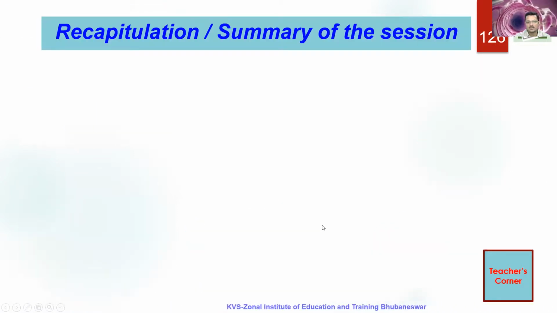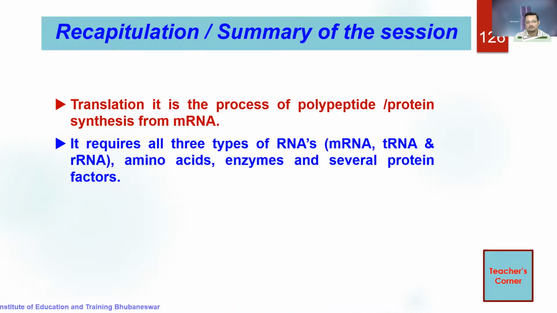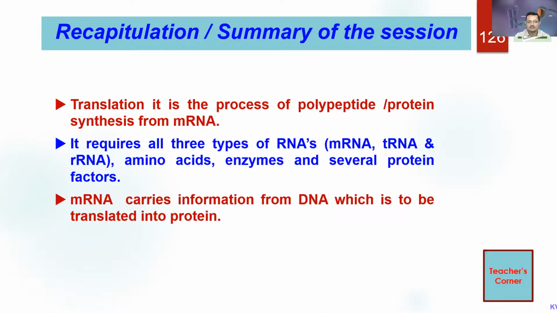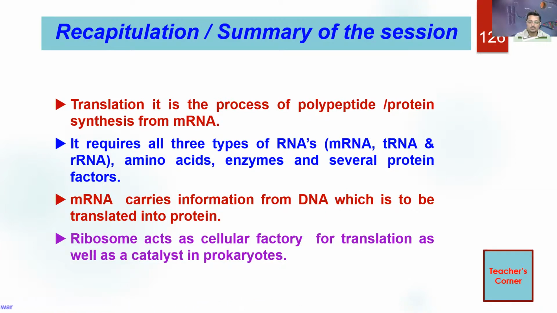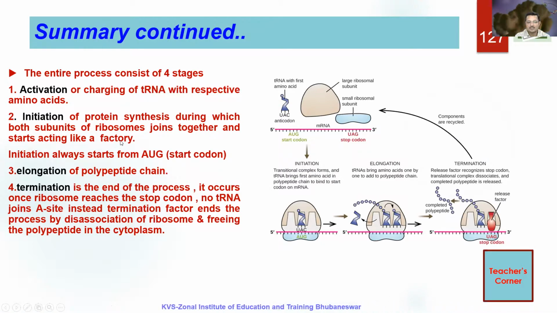So this is what we have read, the process of translation, the process of polymerization of amino acids, but it's a heteropolymer. It requires 3 types of RNA, mRNA, tRNA, rRNA, amino acyl enzymes, and several protein factors. mRNA carries information from DNA, which is to be translated into protein. Ribosomes act as a cellular factory for translation as well as a catalyst in case of prokaryote. The whole process can be summarized as 4 important steps: activation, initiation, elongation, and termination.